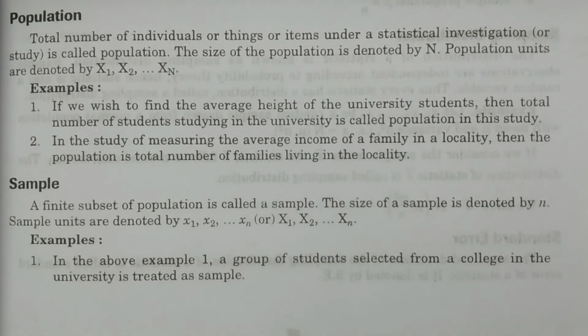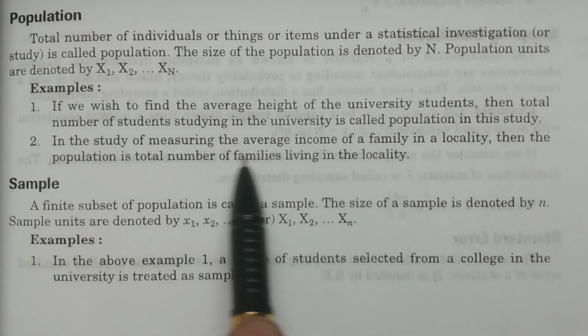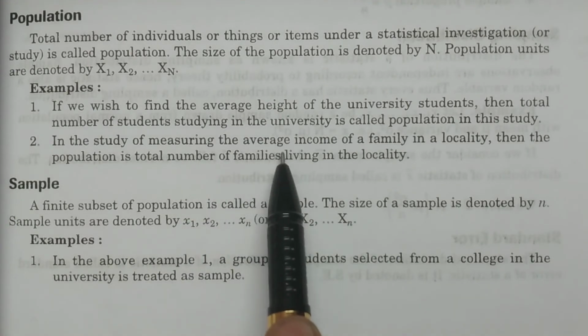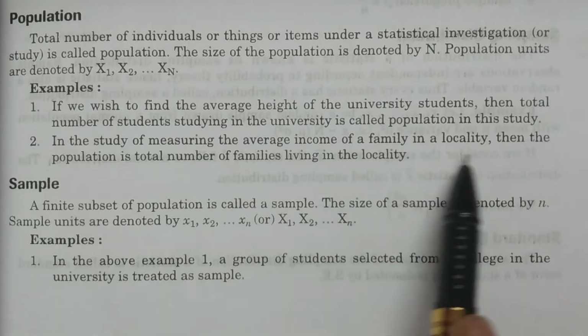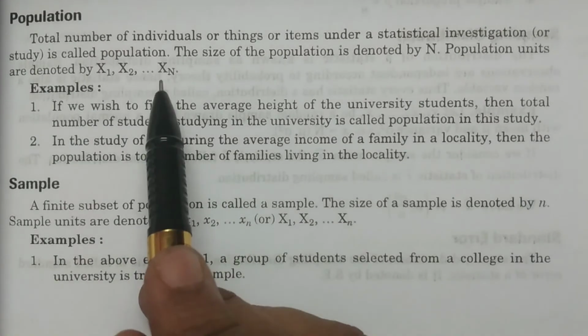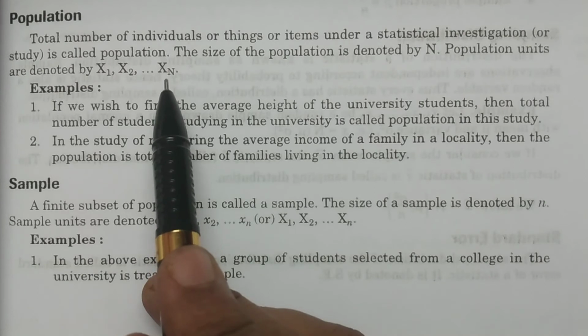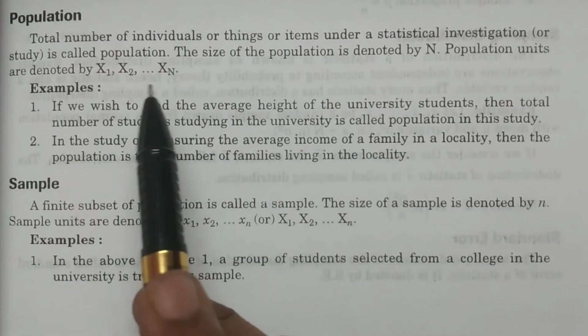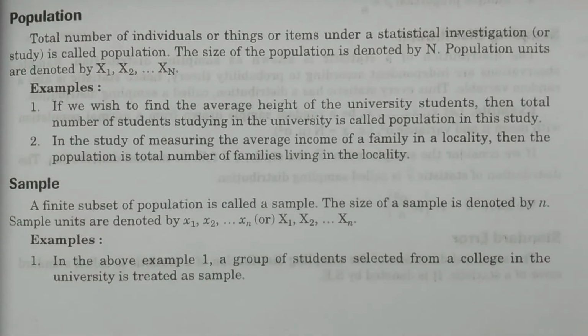For example, in the second example, if you consider the average income of a family in a locality, and there are 1,000 families living in a particular place, then the population units are 1,000, out of which we are drawing some group of families into the sample.